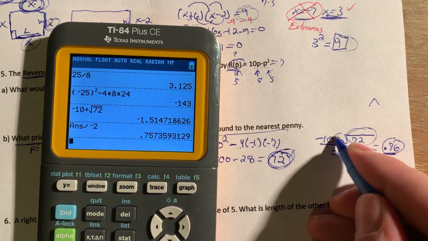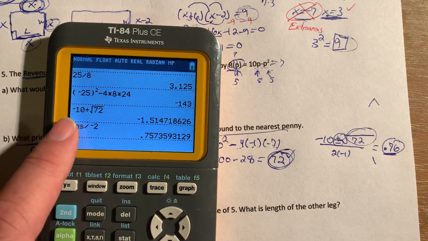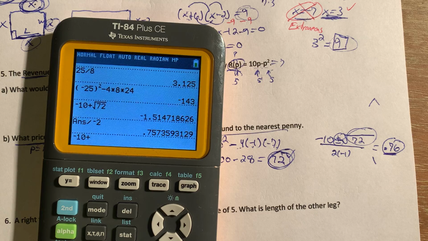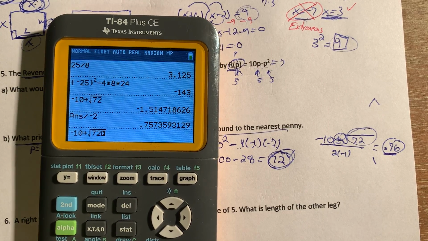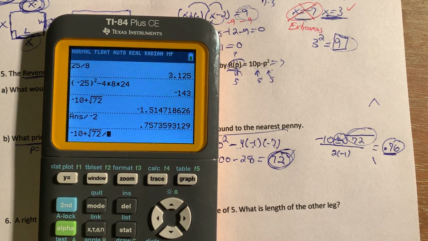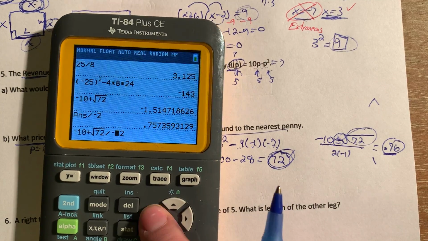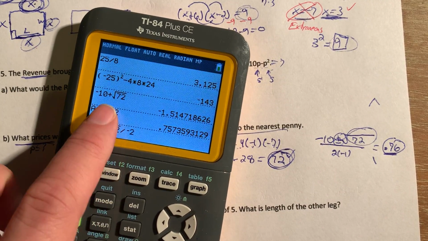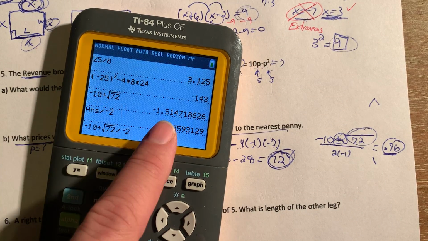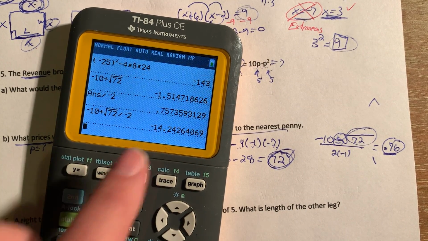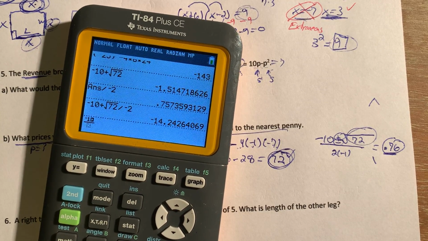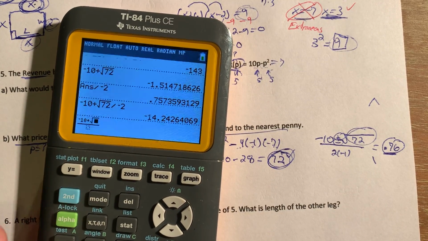The other one is the minus. We need to do both the plus and the minus. Now notice I can't type this into a calculator as written. You want to be really careful. If you type in something like this, it will give me the wrong answer, because only the 72 will get divided by negative 2. It won't divide the whole thing. So you'll notice I added them and then divided by 2, because if I hadn't, it would give me the wrong answer. Another thing I could have done is use a fraction bar or something.